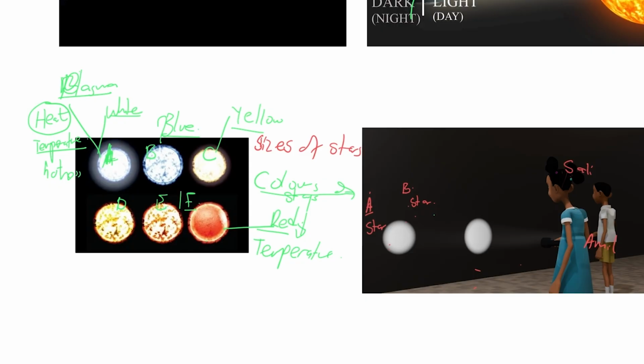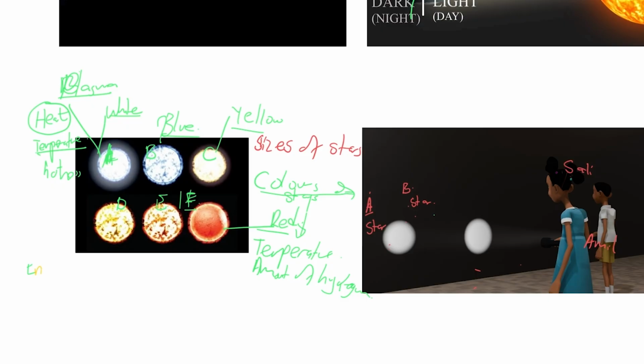So here star A is white simply because it is hotter than star F in terms of temperatures. So you can say stars appear in different colors simply because of their differences in temperature. Secondly, the amount of hydrogen.